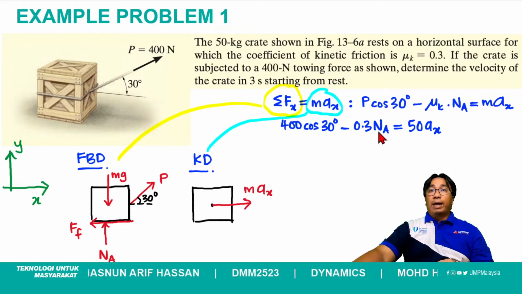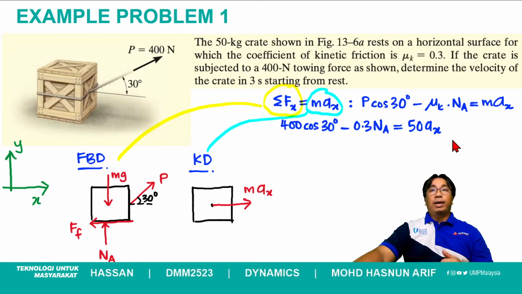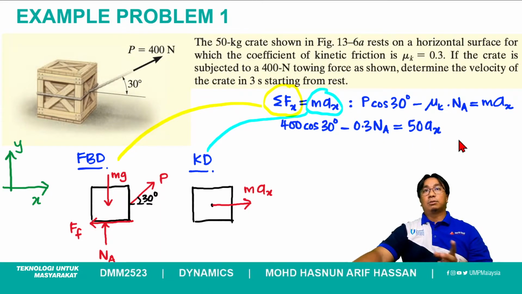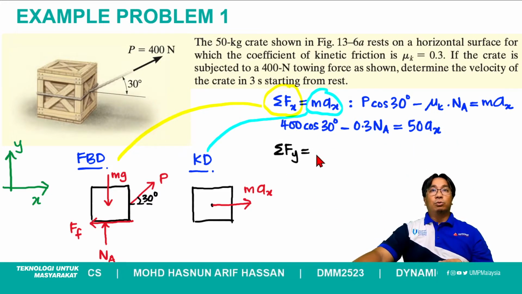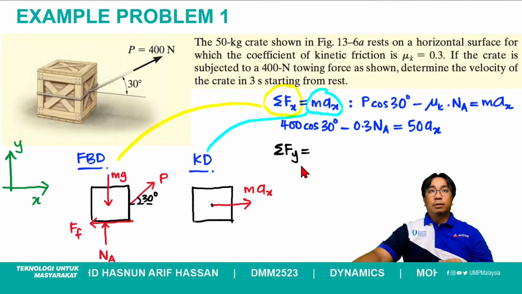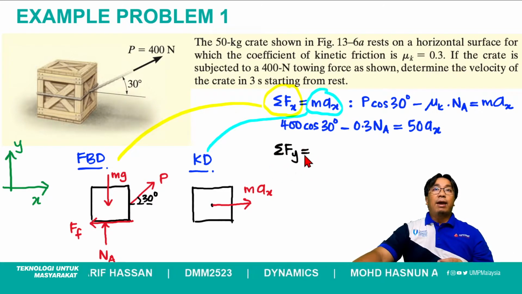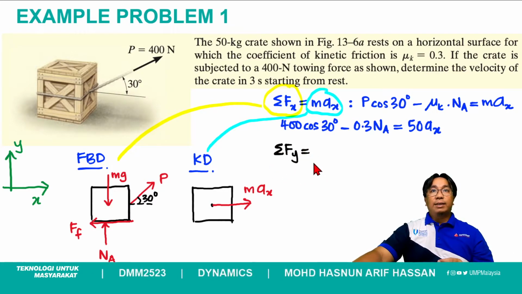But we have Na unknown. We have ax unknown. So we cannot solve this equation yet. Then we go to the y-axis, Fy. What is Fy equal to?